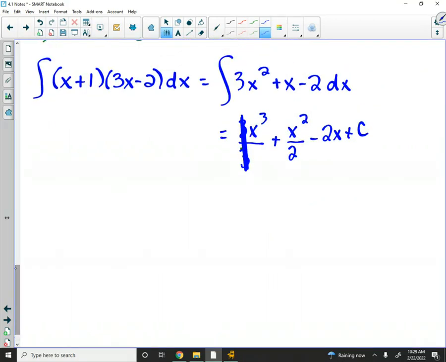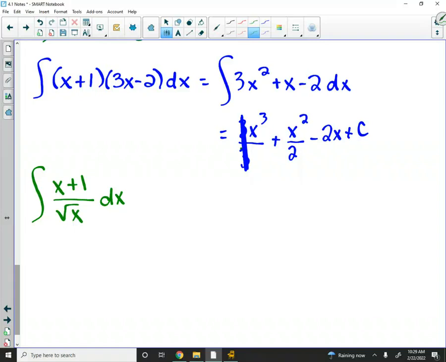All right, now, next one I want to show you, x plus 1 divided by the square root of x. So when we were learning how to derive something like this, do you remember low D high minus high D low over low low?